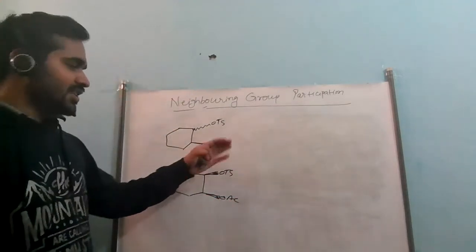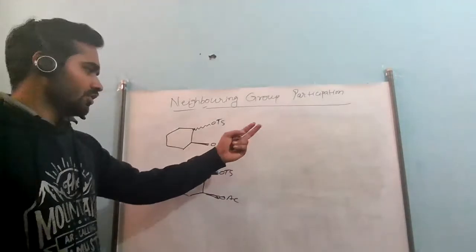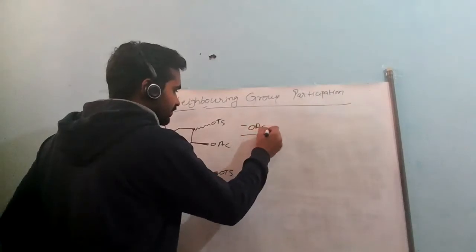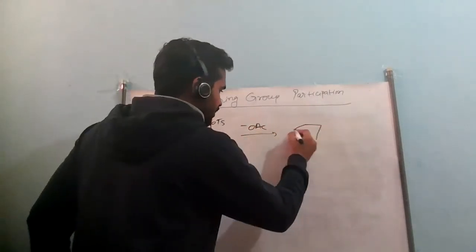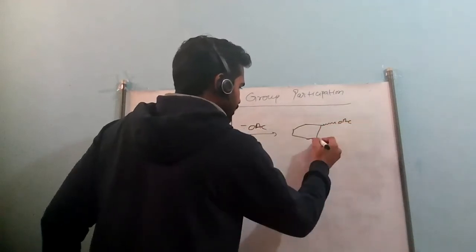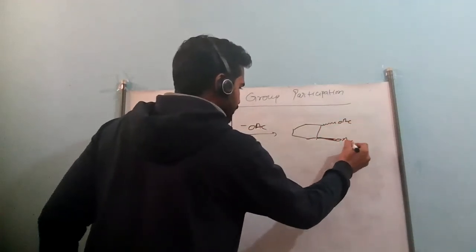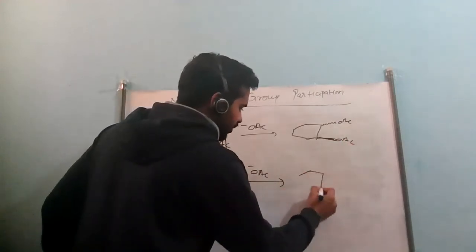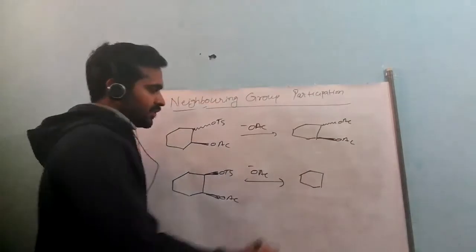And if I add the same compound in both the reactants, like minus OAc, then we will get the product with OAc below the plane and above the plane. Similarly, if I add minus OAc here, we'll get the same product like this.